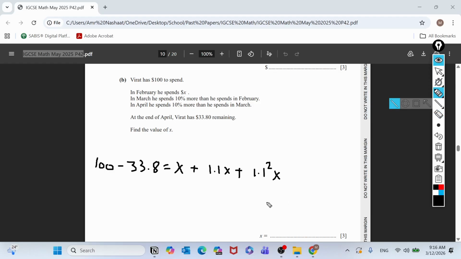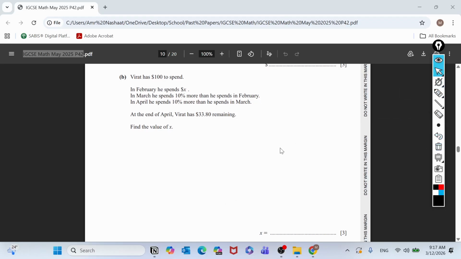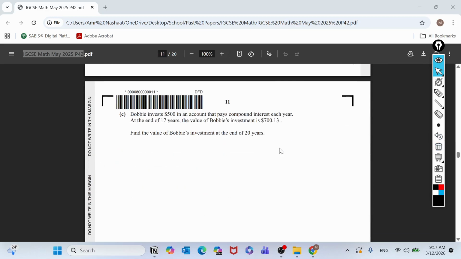Or just wait, let me put it on my calculator. 100 minus 33.8 equals x plus 1.1x plus 1.1 squared x. We get x equals 20. I didn't like this question, to be honest, when I was solving it. It confused me. Yeah, it's confusing.